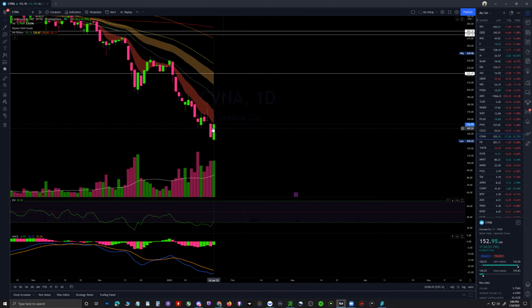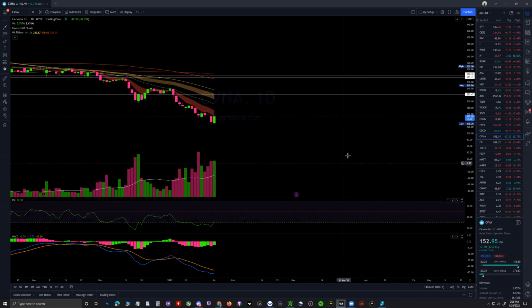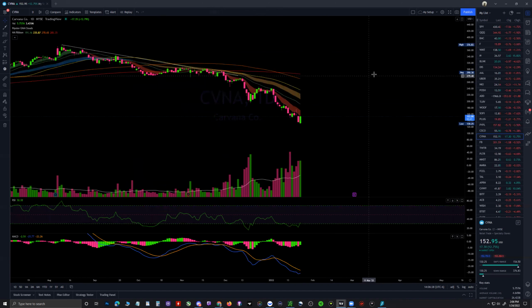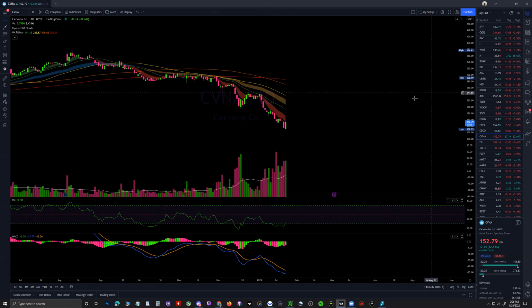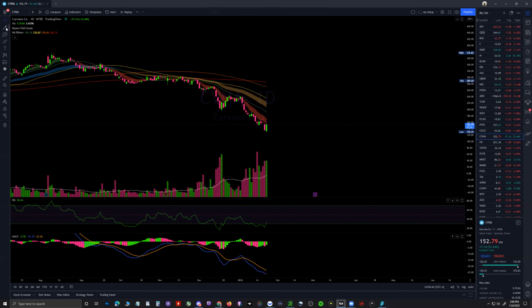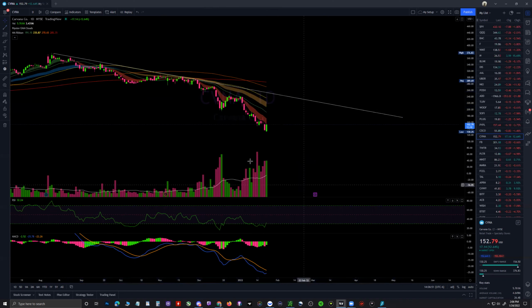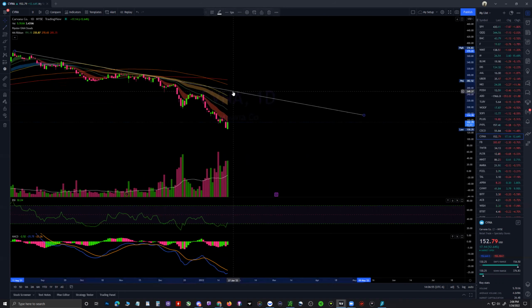Carvana, we've got a nice, it's almost a bullish engulfing candle here on Carvana. Get rid of these lines here and see if we can do some fresh charting on Carvana. So let's draw a trend line there. Oh, it's too far back.